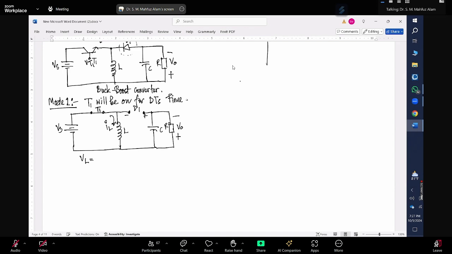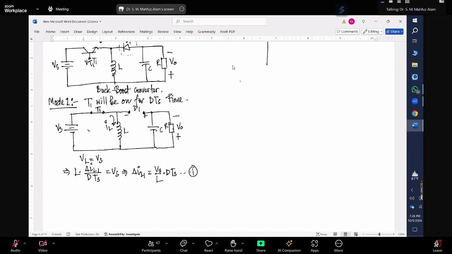So we can write VL as VS, or L multiplied by del IL1 over D multiplied by TS, equals VS. That gives you del IL1 equals VS over L multiplied by D into TS. That is your equation number 1.